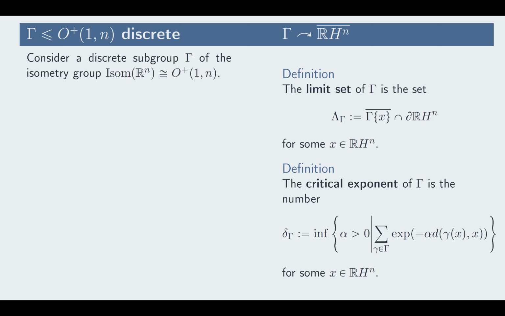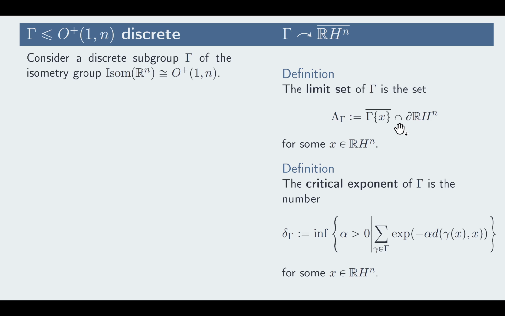It's a compact set. If the orbit is infinite, then it will have limit points. But it can't have limit points in the interior because it's a proper action. So the limit points need to be on the boundary. That is where I'm looking at the accumulation points precisely, and that set is called the limit set.